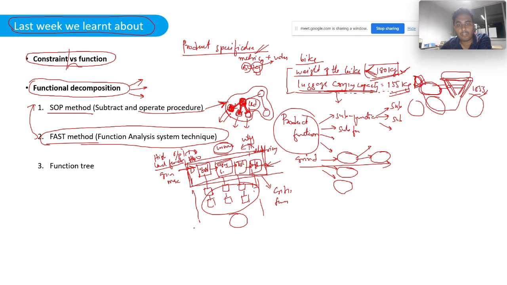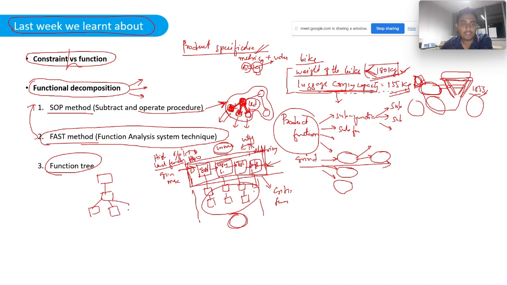For example, when you want to transport a particular product, packaging and transportation, safety, protection, all these things come as one-time functions. Okay. So after we develop that, we use something called a function tree to represent the particular function and sub functions.